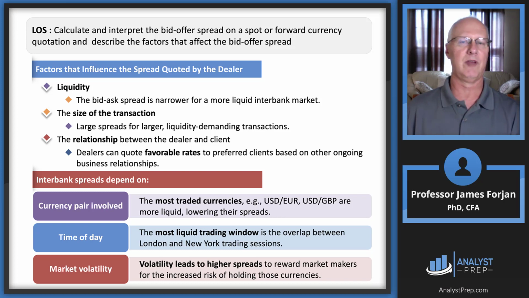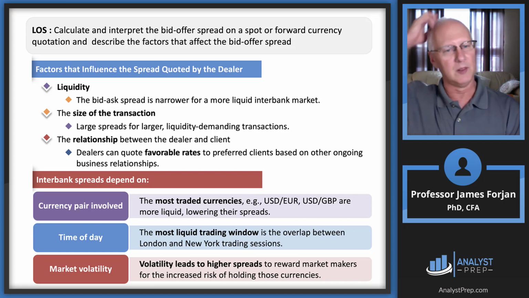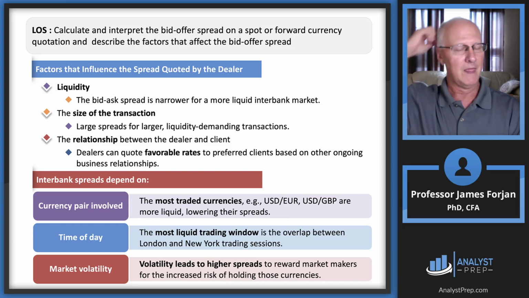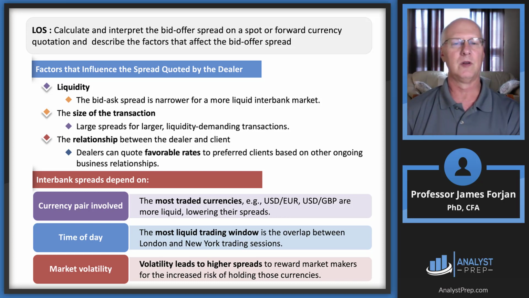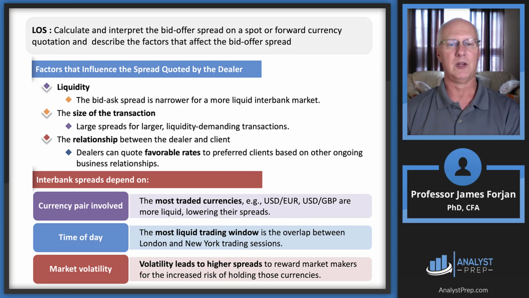I can't imagine the CFA Institute saying something like, hey, during the course of the day, when is the US dollar and the British pound most liquid? Now, if you actually go and look at the reading, it tells you that there's an overlap between London and New York trading sessions between 8 a.m. and 11 a.m. That's New York time. And then somewhere around 7 to 8 p.m., that's for time way over on the other side of the world, maybe in Japan or China.